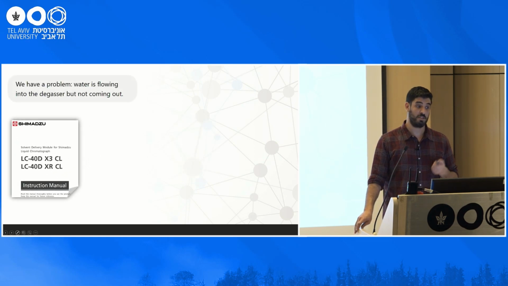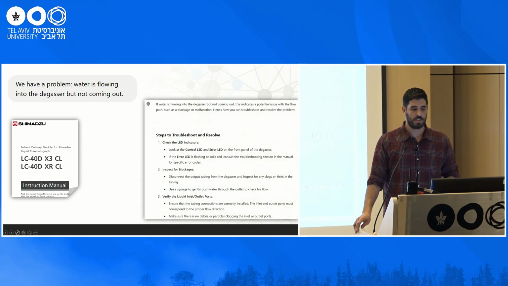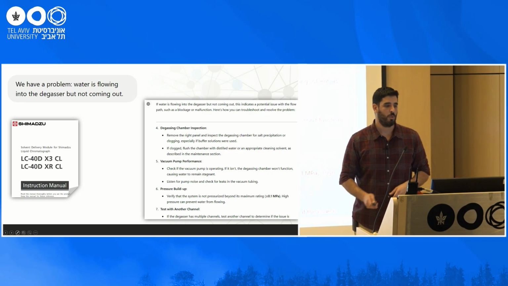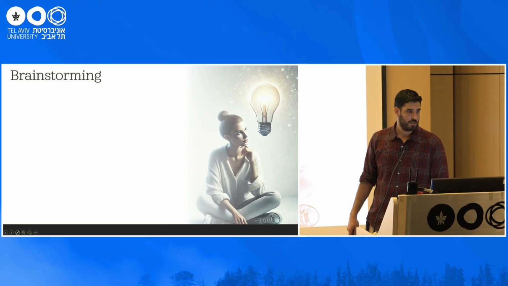So this was a real problem. Water is flowing into the degasser but not coming out. Why? So it gives you all the possible reasons, and I actually found that one of the reasons was the correct reason, and we fixed it. So this is another way to use it.